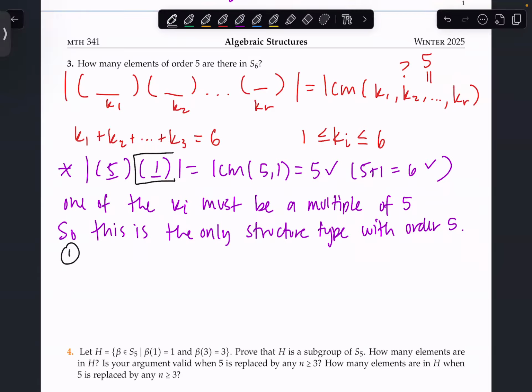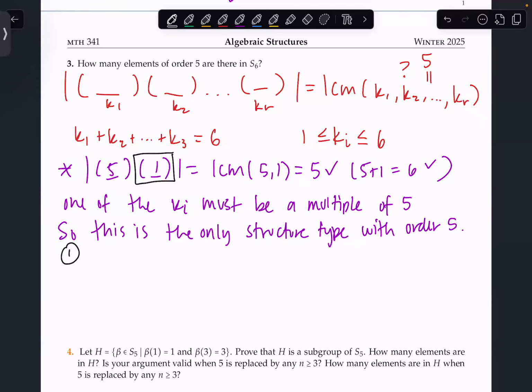Let's decide what happens to this piece. Remember that the way we write these tells us the length of the cycles, not what number is showing up in those cycles. But what does this represent? I just have a 1 cycle, a fixed element. So I can break this up into cases where one of them is fixed, and the rest where that one is not the fixed one, and then decide how to count the rest.